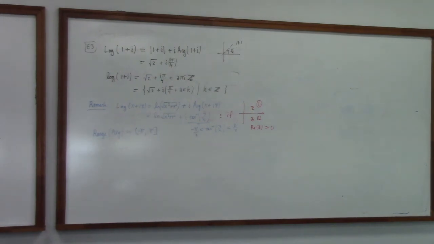But if you want to find the formula for the standard angle in quadrants 2 or 3, you've got to either add or subtract pi as appropriate.